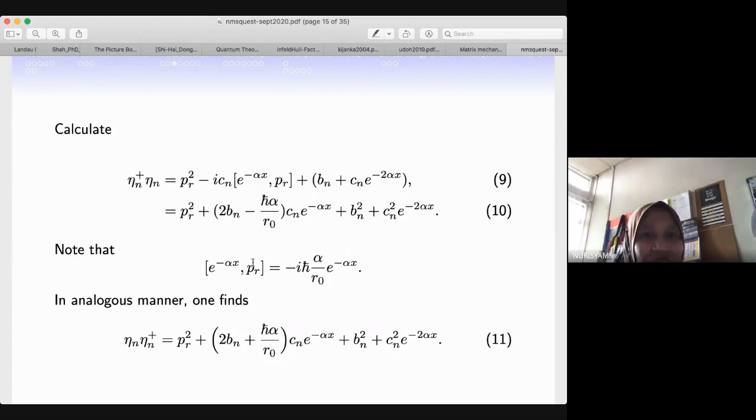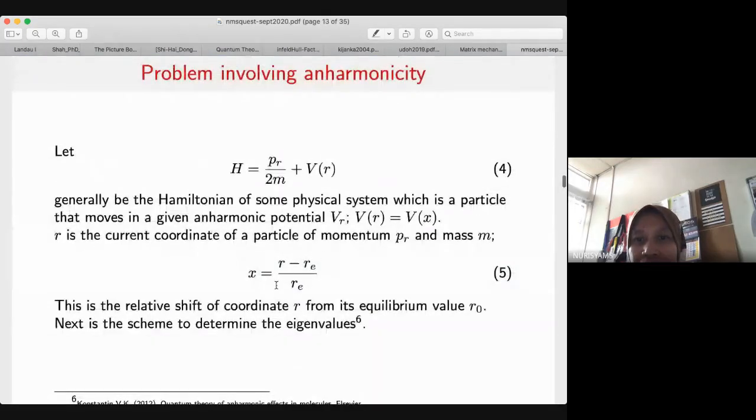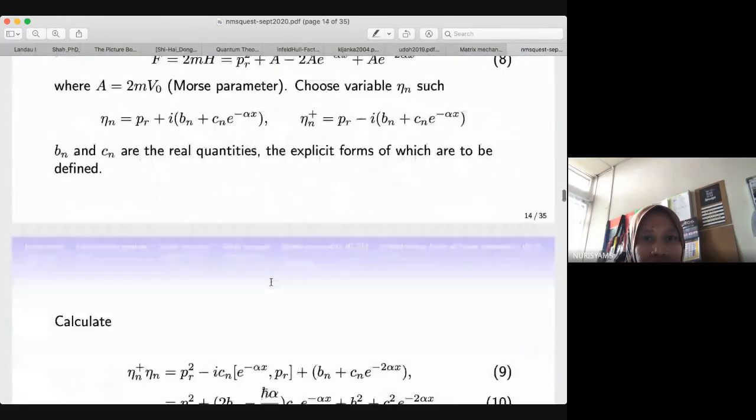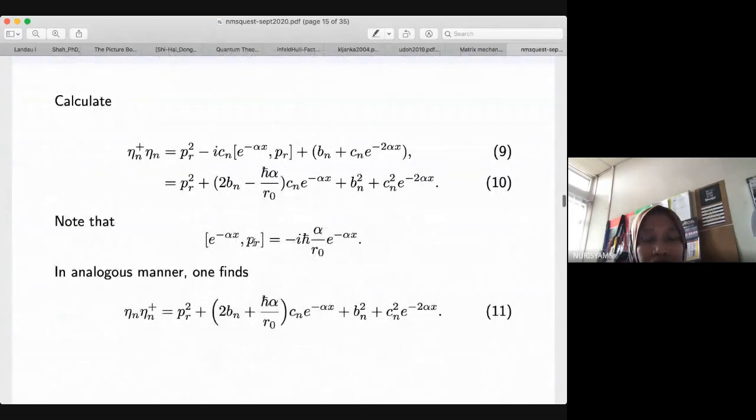But you know that your x is in terms of this part, let me remind you again. Maybe I should write x as a function of r, which would be proper. Once you do that, you must again be very careful handling this commutator bracket. Then you put the answer you get into equation 9, so you arrive at equation 10.